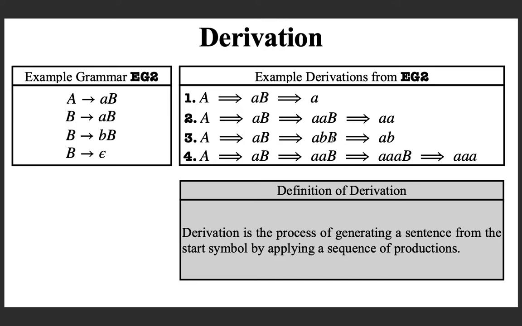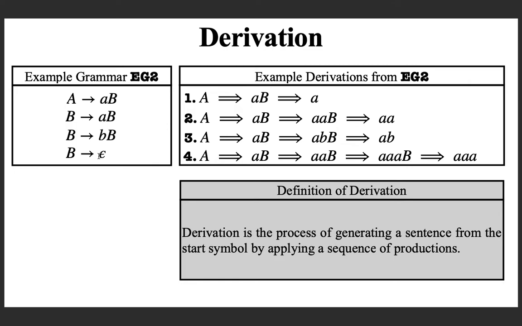And finally here I am applying the last production for B and deriving small ab, which is a sentence. So now you can say that the sentence ab is derived or generated from the start symbol by applying a sequence of 3 productions, and they are this one, this one, and the last one.